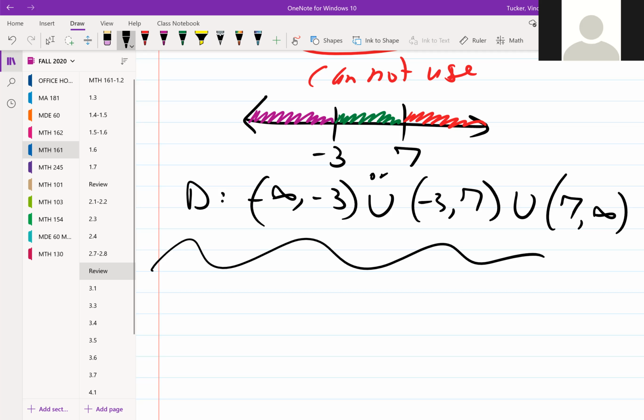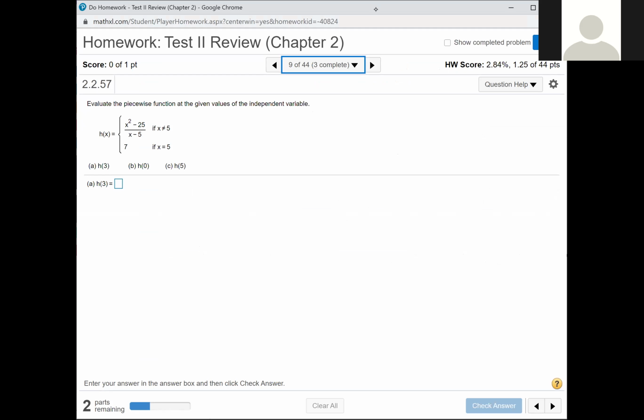So on number 9, I got all the right answers, but I don't understand how I got them right, because when it's like h of x equals, and then it has 2, I don't know how to explain it. It's the one that's like if there's an equation and then it says if x doesn't equal 6. Yeah, that.